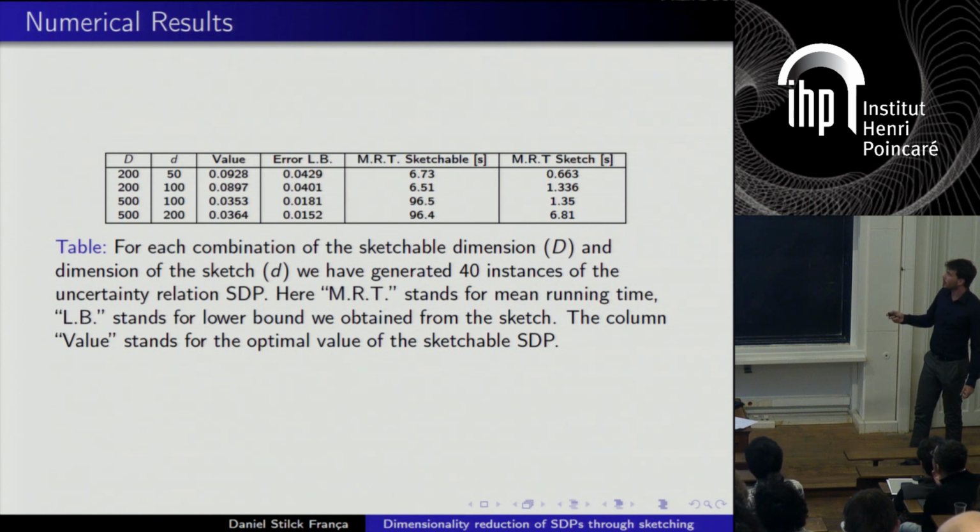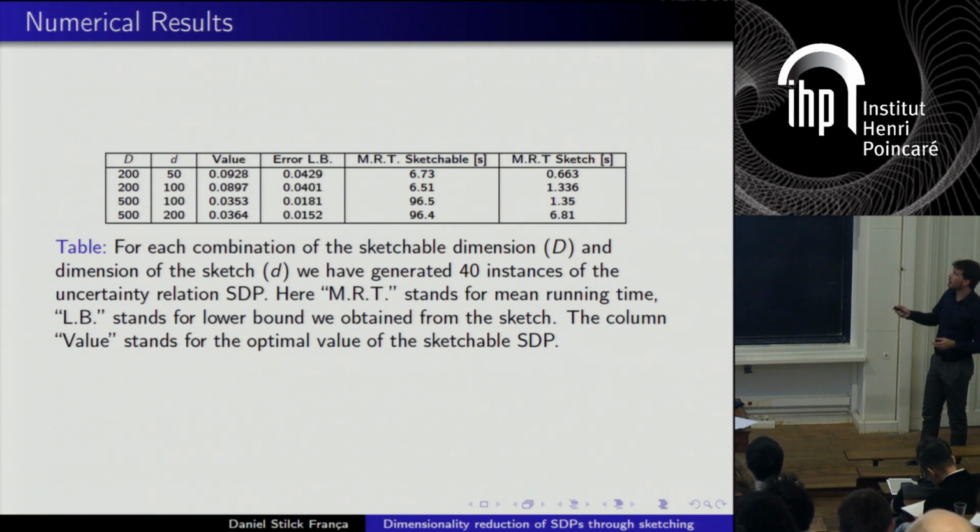Small d is the dimension we chose for our Johnson-Lindenstrauss transform. And this is the value of the optimum C, before we relax the constraints. And this is the error using our techniques.